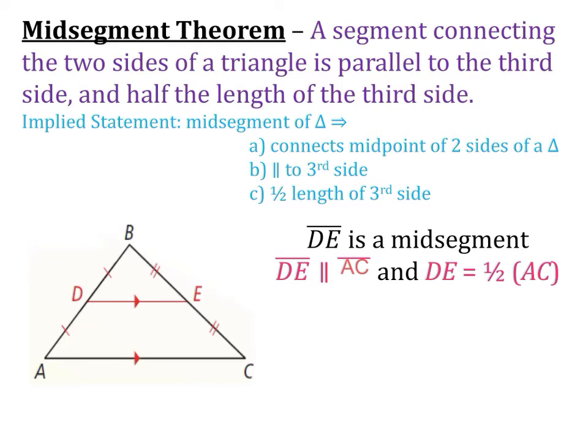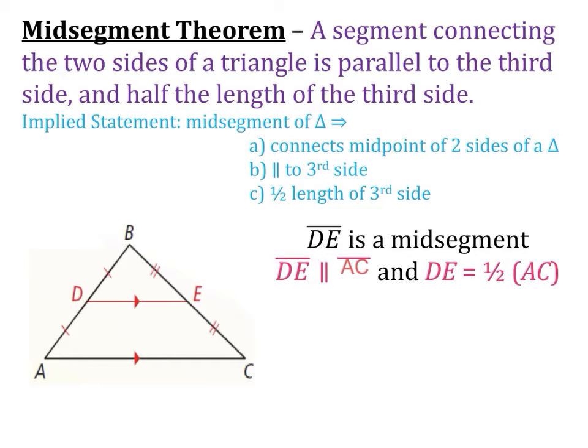Okay, so these properties lead us to the midsegment theorem, which states that a segment connecting the midpoints of two sides of a triangle is parallel to the third side and half the length of the third side. We can summarize that as an implied statement: a midsegment of a triangle implies a connection between the midpoints of two sides of a triangle, parallel to the third side and half the length of the third side.